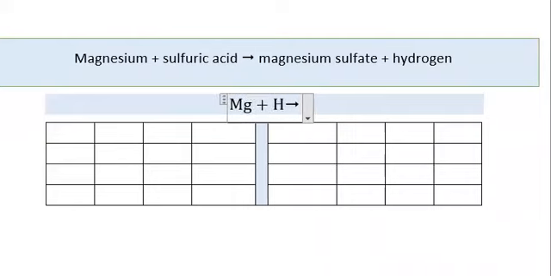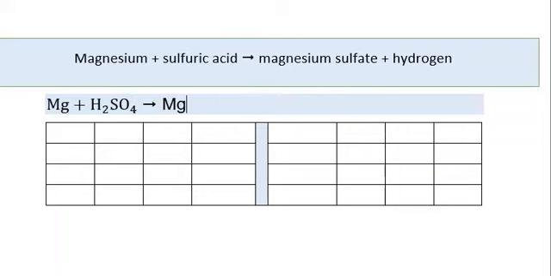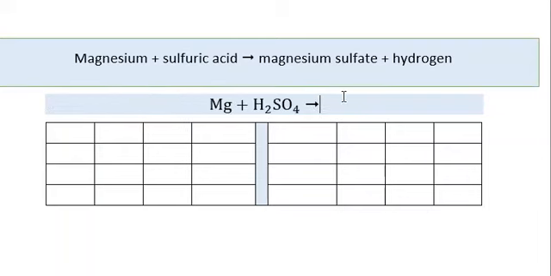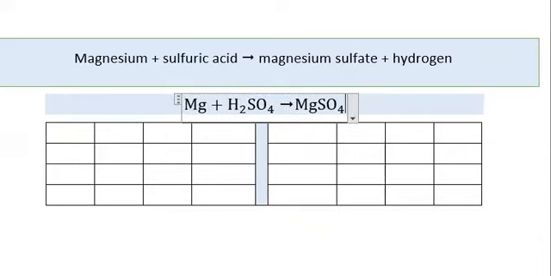Sulfuric acid is hydrogen sulfate, H2SO4, right? Please learn this off by heart. And then magnesium sulfate is MgSO4, right, plus hydrogen, which is H2.